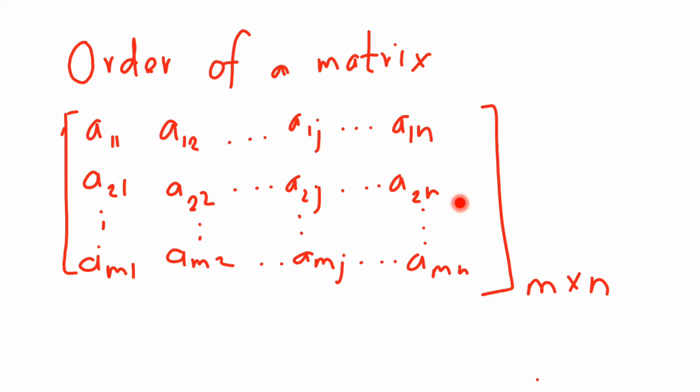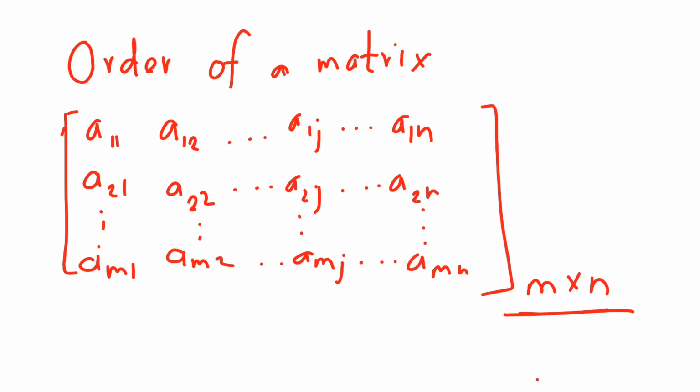This is actually a general form of a matrix. A11 is the first element, then A12 up to A1j, and so on up to A1n. There are n elements in the first row. Similarly, there are n elements in the second row and similarly in the mth row. So, the order of a matrix is m cross n.